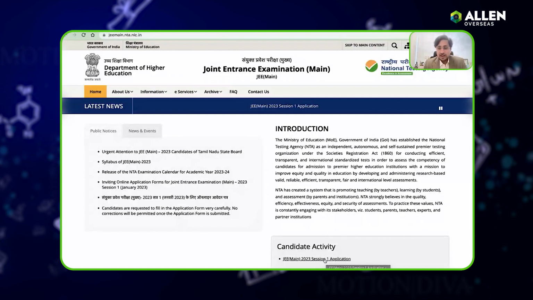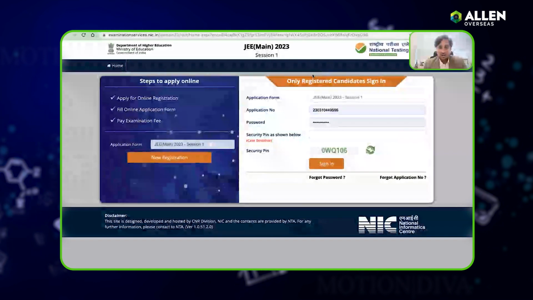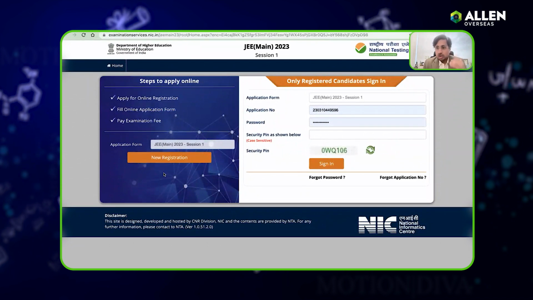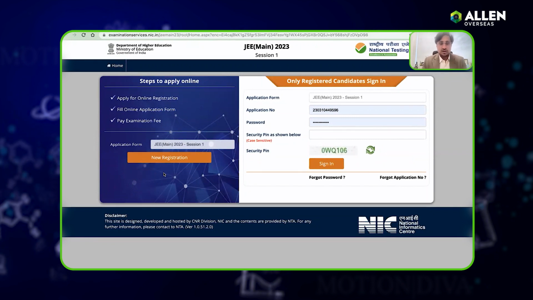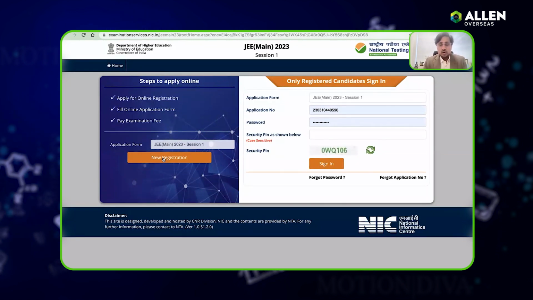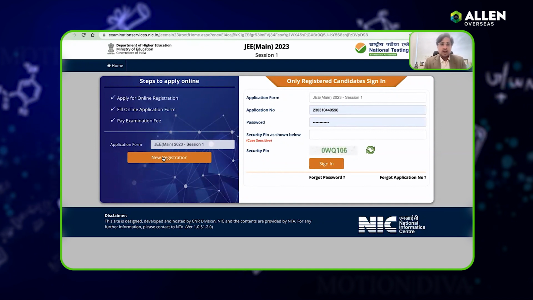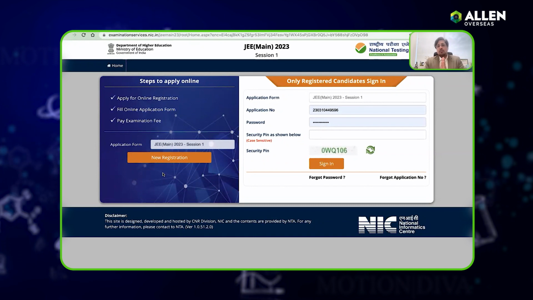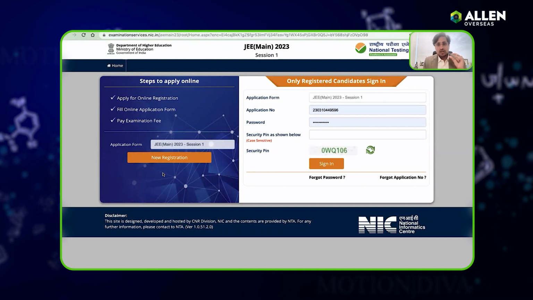This is the JEE Main website. I'll go to here, and this will direct me to an external website. Since I have done the registration, all the students who would be filling this form for the first time have to first register. So you have to first go to this new registration, register yourself, and fill that application form. And once that application form has been filled, it will prompt you for submitting a contact number.